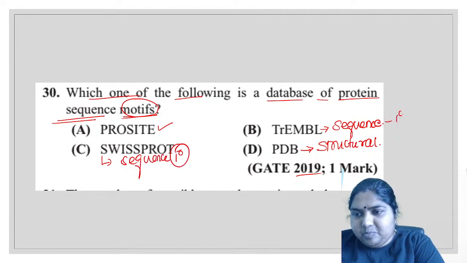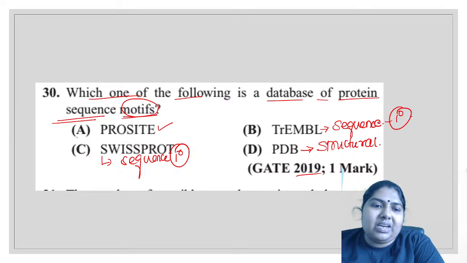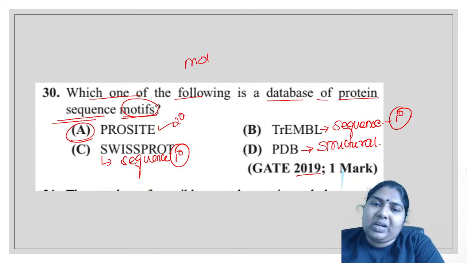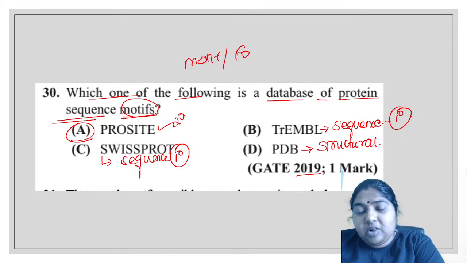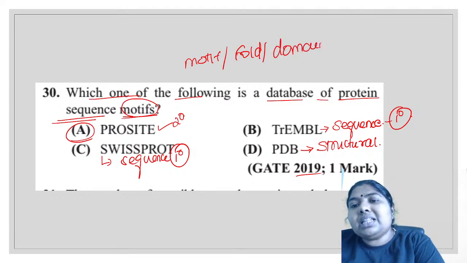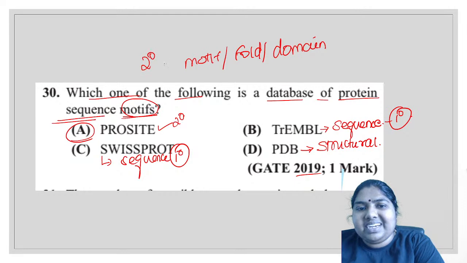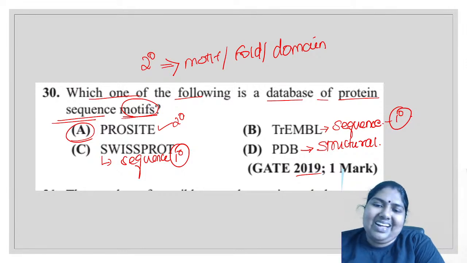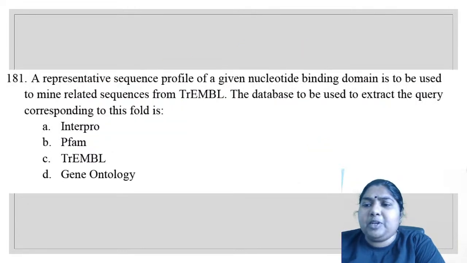Among the sequence, it is primary. This is only secondary because you got a term called motif. All this motif, fold, domain are characteristics of our secondary. Understood everyone? So did you get the point of this classification? Fantastic. That's all, simple only.